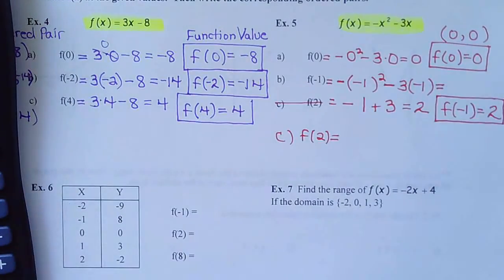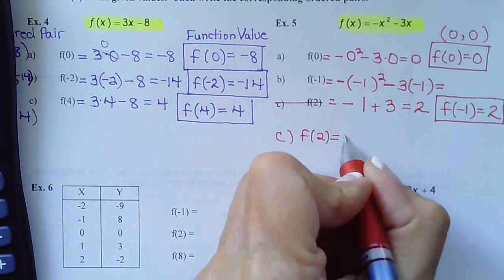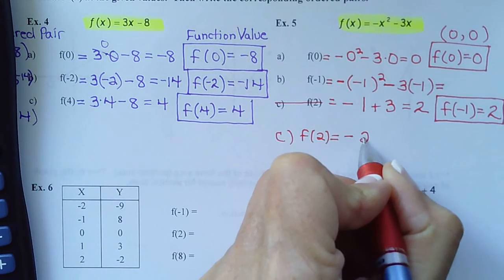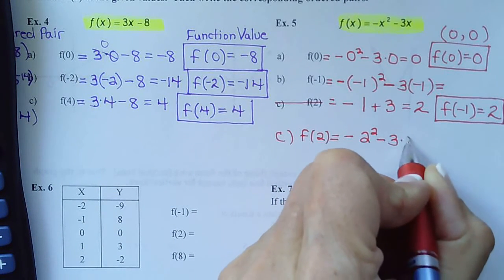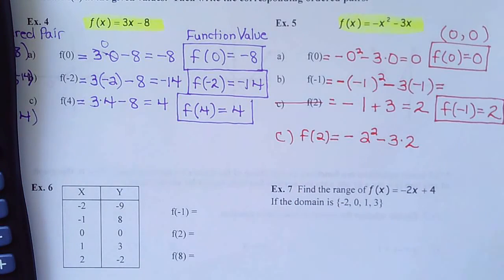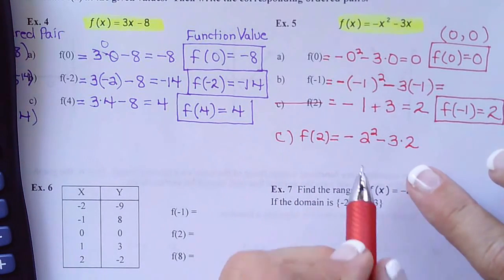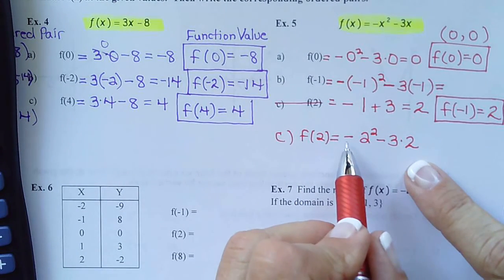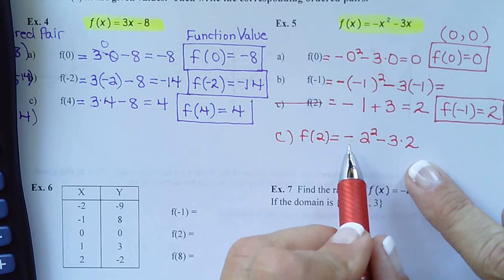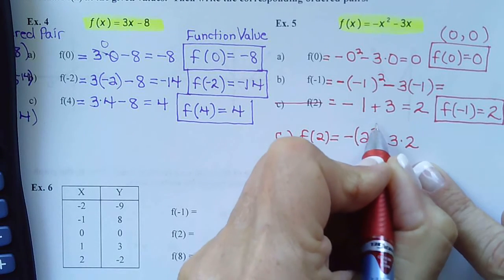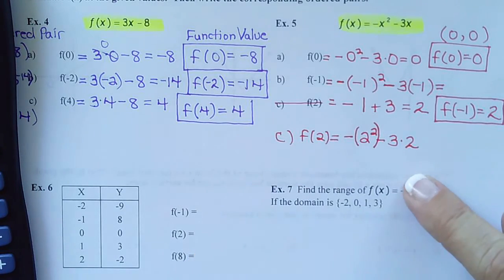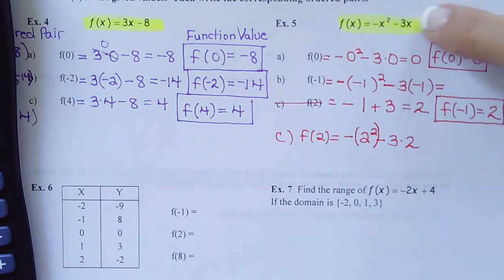Okay, let's go ahead and do this next one. So we have a negative, and then it's 2 squared minus 3 times 2. So this does not mean negative 2 times negative 2. In fact, if you wanted, you could even do this to show that that's totally separate. Only the x is squared, not the negative.